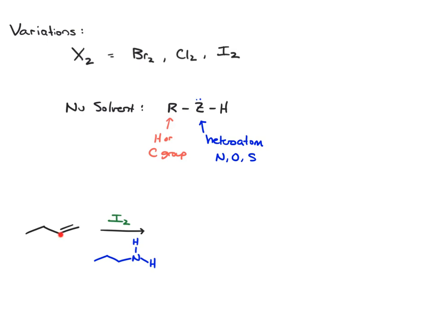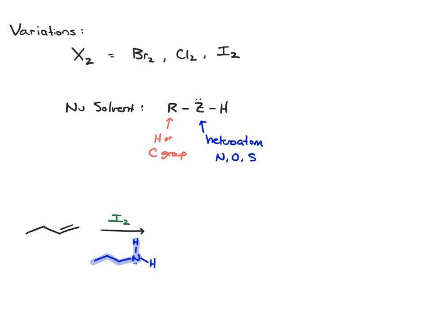Here we have the alkene. We're reacting it with iodine and this amine. Again, we have the nitrogen with a lone pair. It has a hydrogen and some carbon group attached. So what you can go ahead and say about this is, if you work through the whole mechanism, and I encourage you to do that, the nitrogen will end up adding, and it will keep all of these carbons.